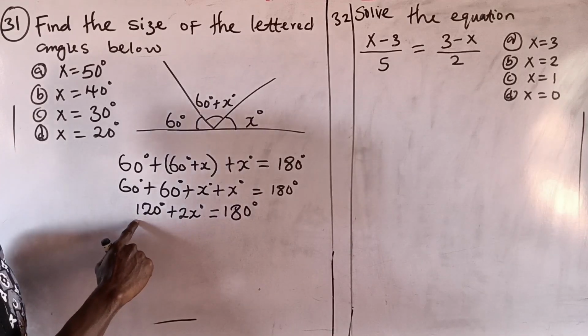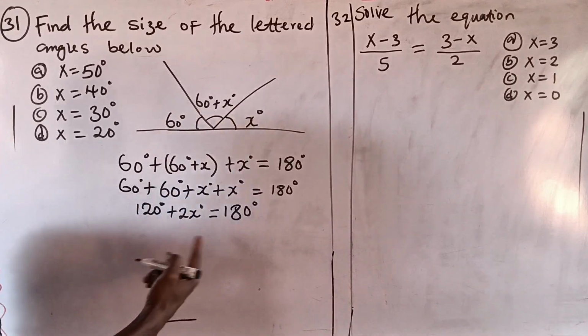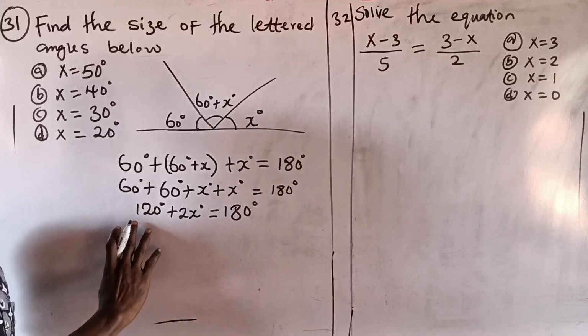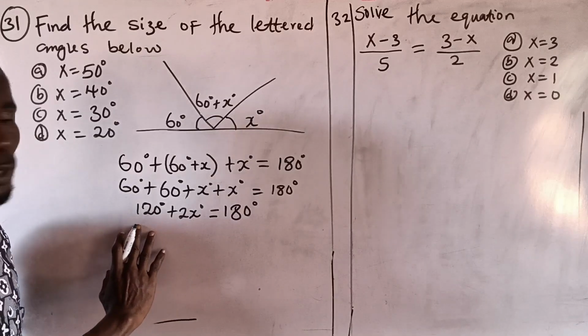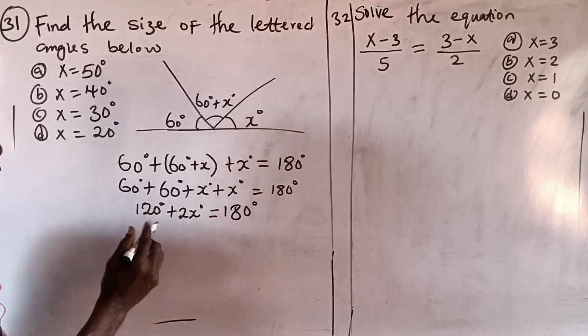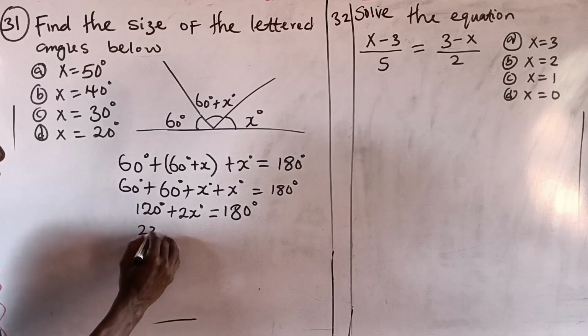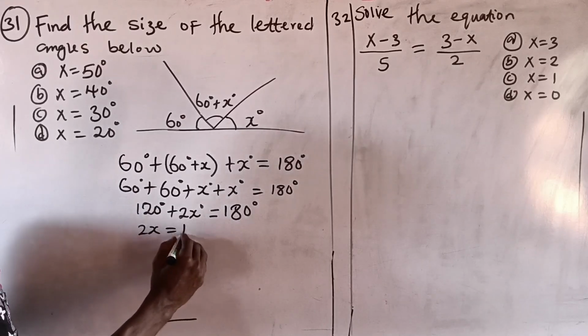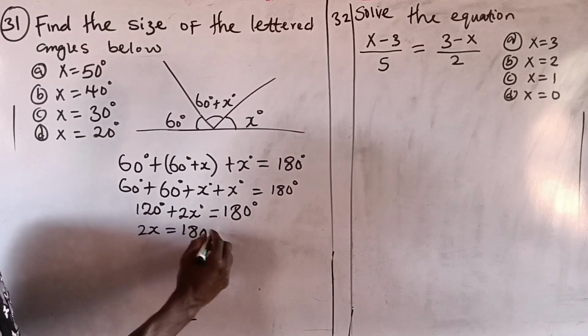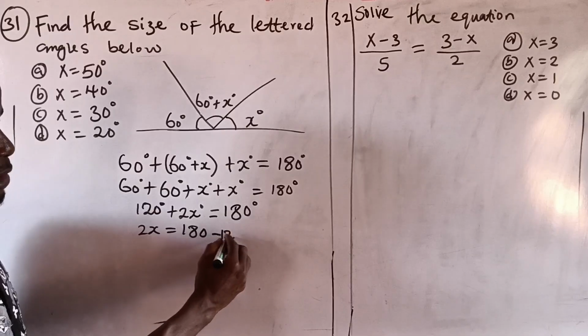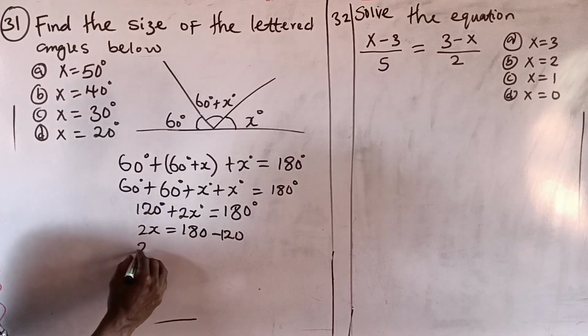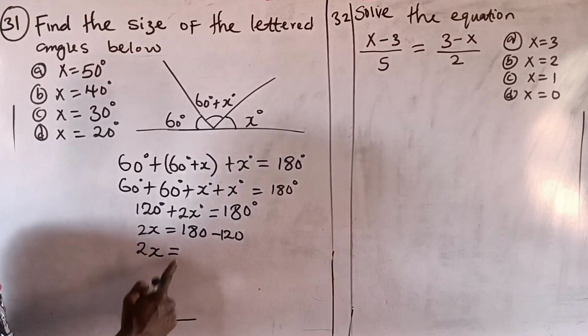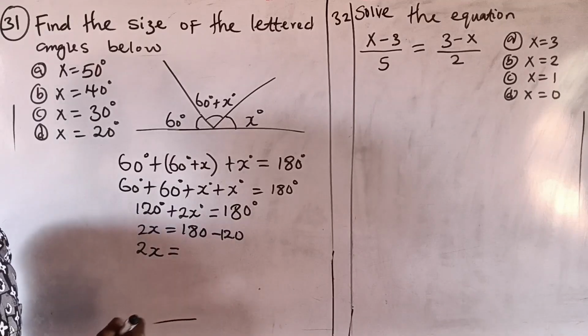Since it has positive here, once it crosses, or you can do it in this way by subtracting 120 from both sides. So we will have 2x equals to 180 minus 120.